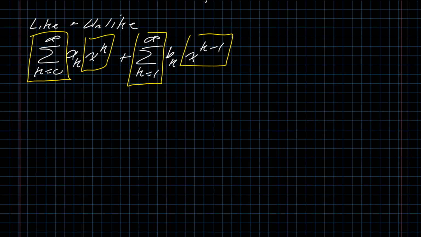When the sums are not like, there's not a lot you can do. But you often, not always, but often can do a change in variables that will eliminate one of these problems. In this particular example, it would be really nice if this said x to the k instead of x to the k minus 1.